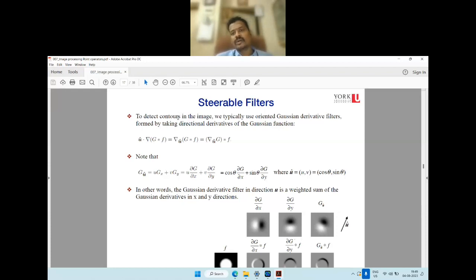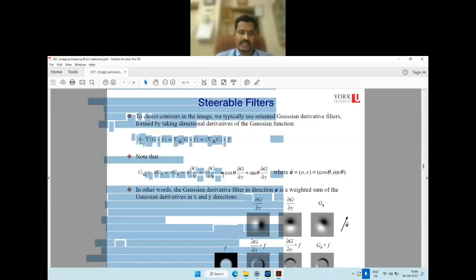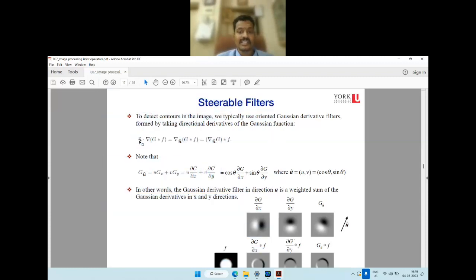So for this, we use the Gaussian derivative filter, by taking the directional derivatives of the Gaussian function. You can see f is the image and g is the Gaussian function, which is statically defined. And you see this u vector? This u vector represents the direction in which the image intensity moves.